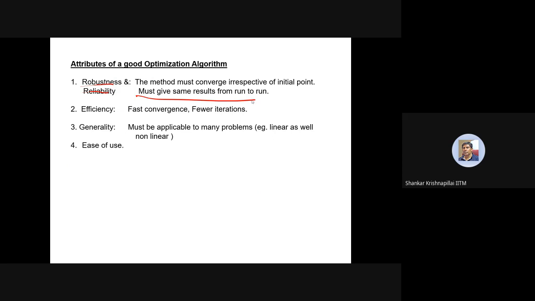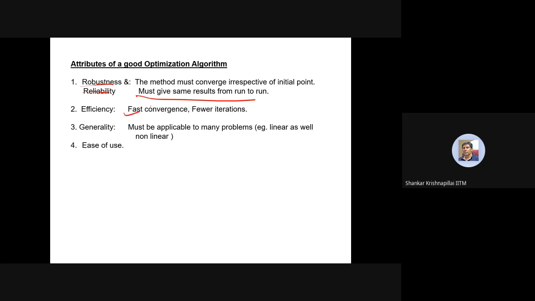Suppose I want to find the maxima of an objective function with a calculus based method. I give one starting point and the algorithm gives one maxima. Then I again repeat it with another starting point. The algorithm gives another maxima. So that is not a reliable or robust method. But genetic algorithm and all will give the same results again and again.